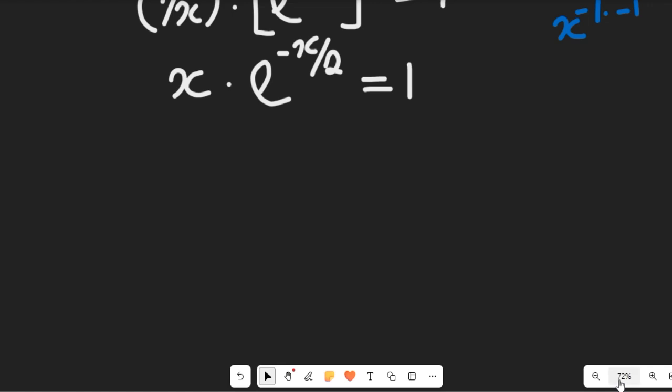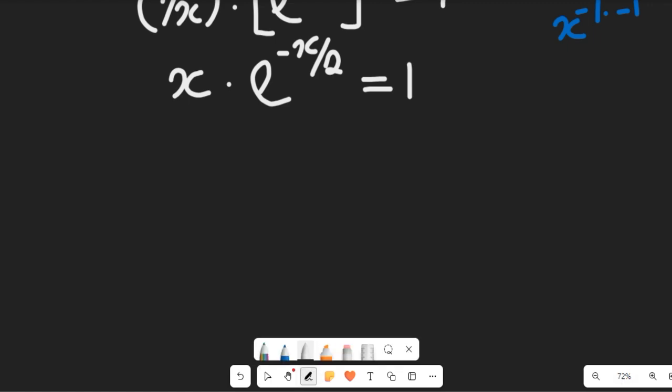Lambert W function. Now, for us to make this expression look like a Lambert W function, we need to multiply all through by negative half. Now, if I multiply all through by negative half, I'm going to have that expression expanded.